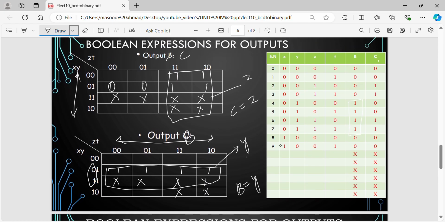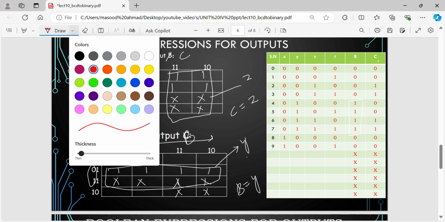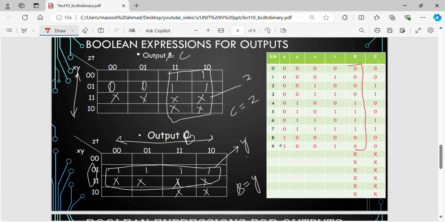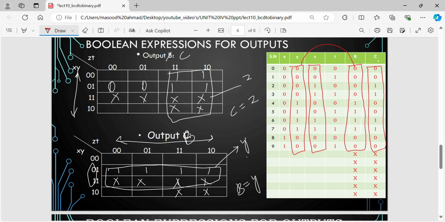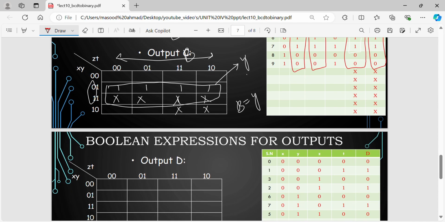Let's look at B. Let's change the color so that I can see the impact. B is nothing but Y; B and Y are equal. Compare these two: C and Z are the same. Z you compare with C, it says both are the same. Yes, both are the same. Now look at the next step.